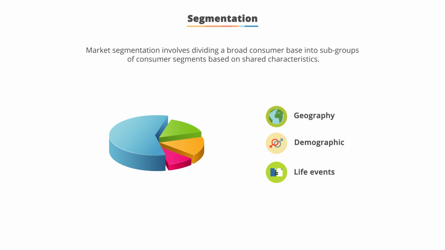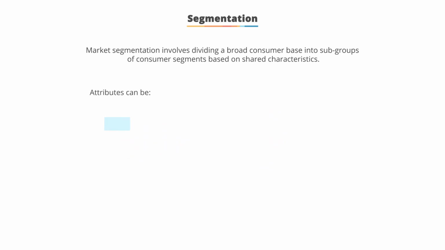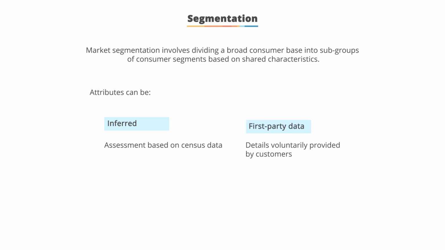Whether they use a smartphone or a tablet, or any other creative ways of segmenting which makes sense for your own specific organization. Some attributes can be inferred, like assessing wealth and education based on census data, or they can be first-party data, such as when your customers will provide relevant details about them.